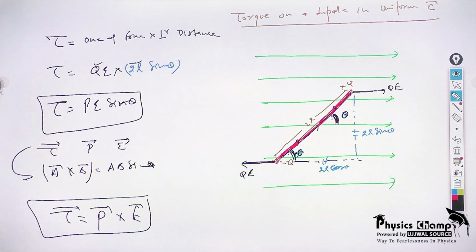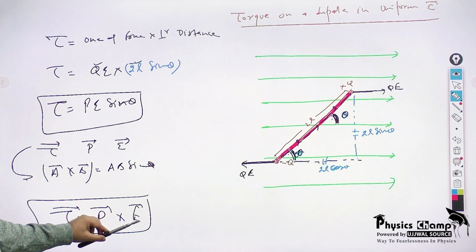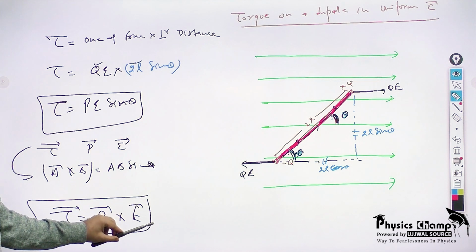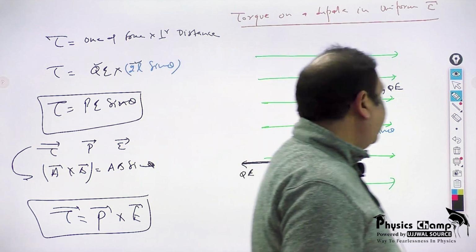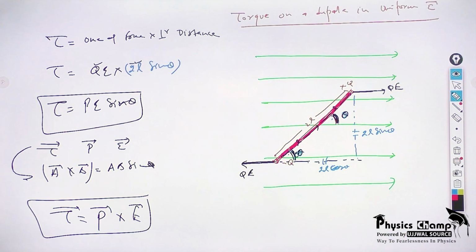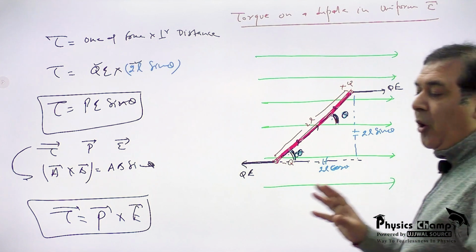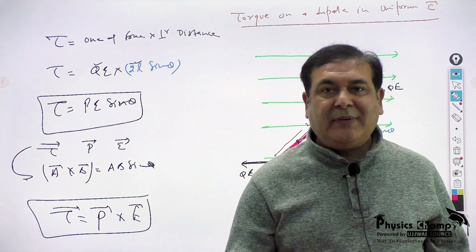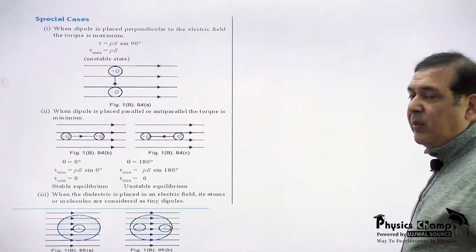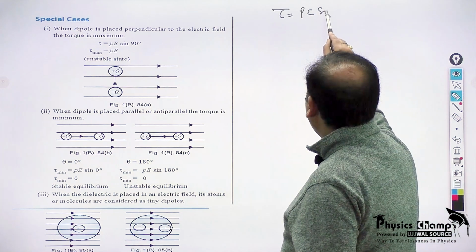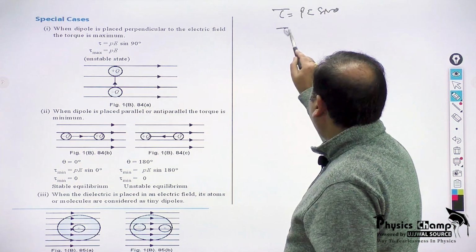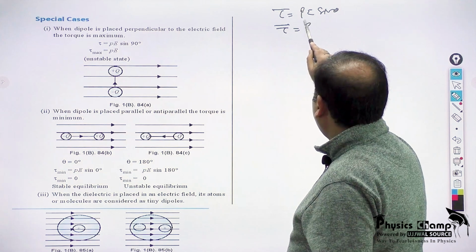That shows it is the cross product of dipole moment and electric field, and the direction of torque is perpendicular to both the P vector and E vector, along the axis of rotation. So we learned about torque on a dipole in an electric field. The formula of torque was PE sin theta, or in cross product it is P cross E.